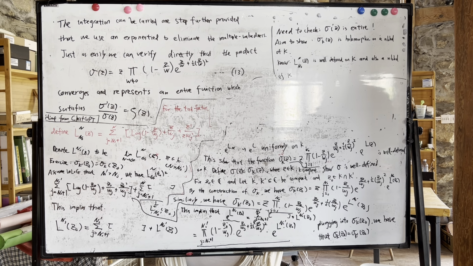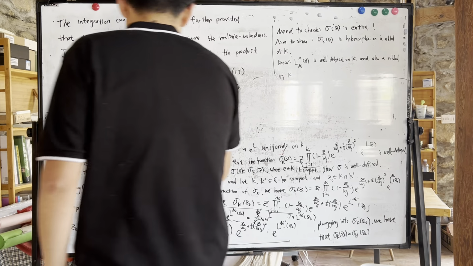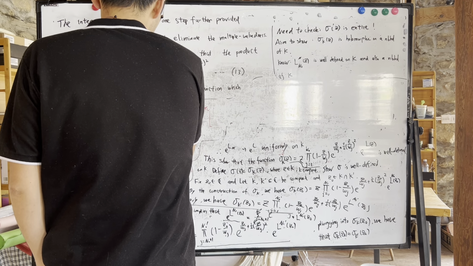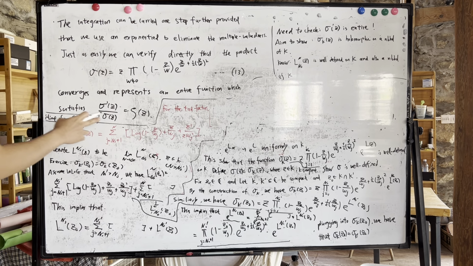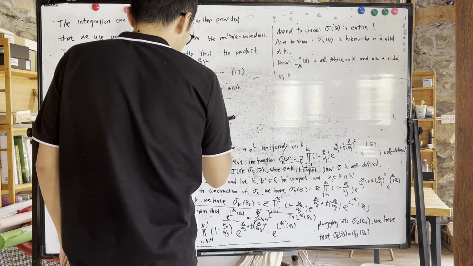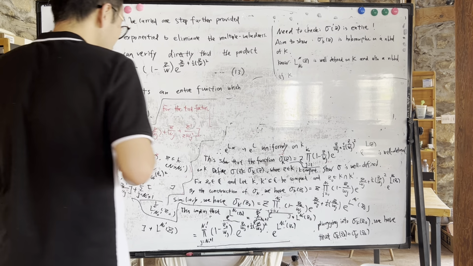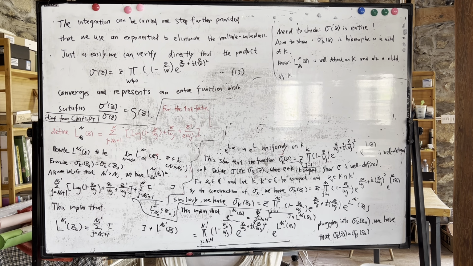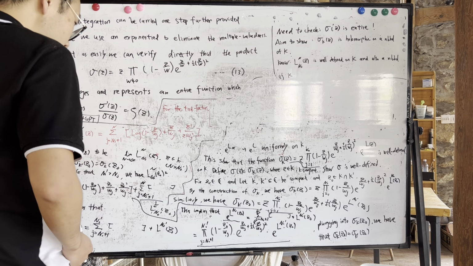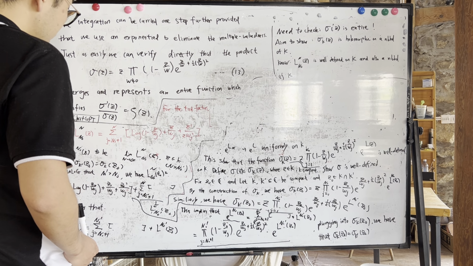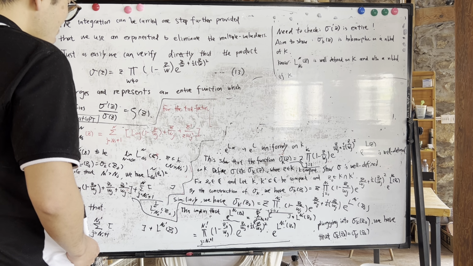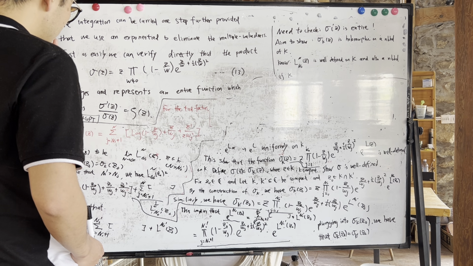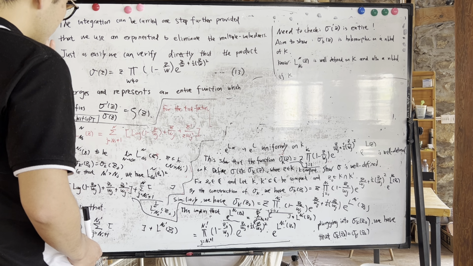The reason for that is, for this omega j, we know that for n large, the modulus of omega j is bigger than 2r, so that z over omega j is less than or equal to the modulus of z over 2r, right?